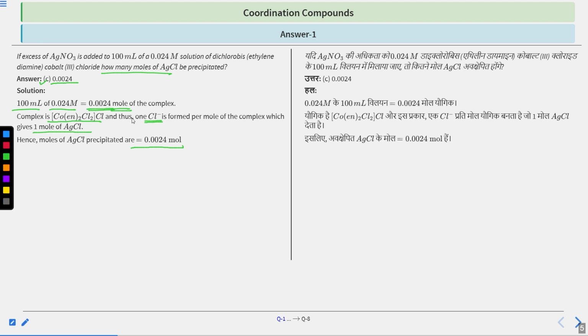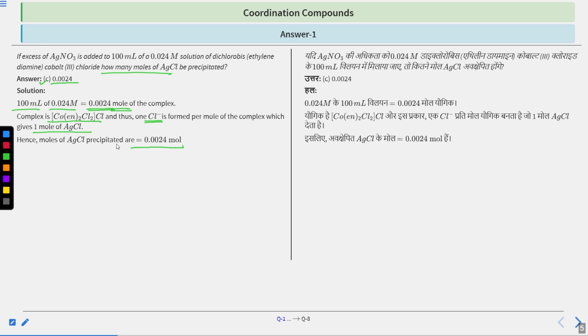And we see that the complex has 1 chloride ion outside of the square bracket, outside of the complex. Then this chloride ion will dissociate as one ion, and this whole square bracket complex will dissociate as another ion, right? So you can see that 1 mole of chloride ion will dissociate and will give 1 mole of AgCl as a precipitate.